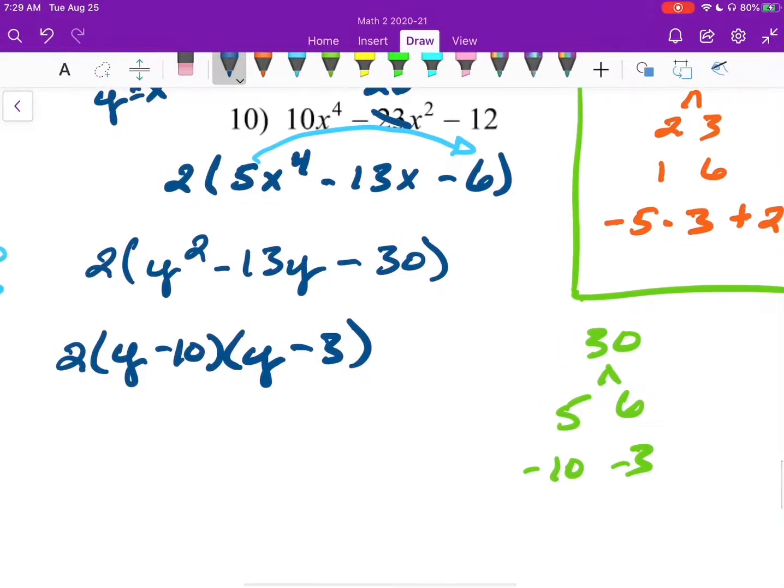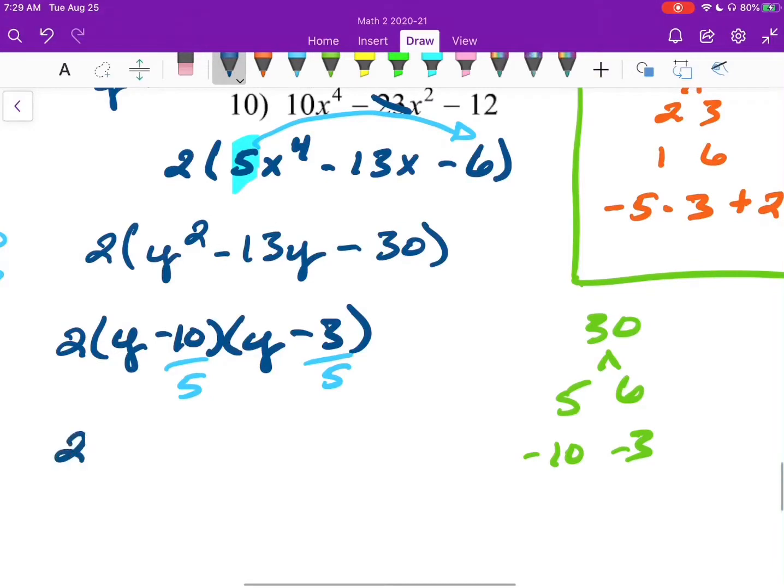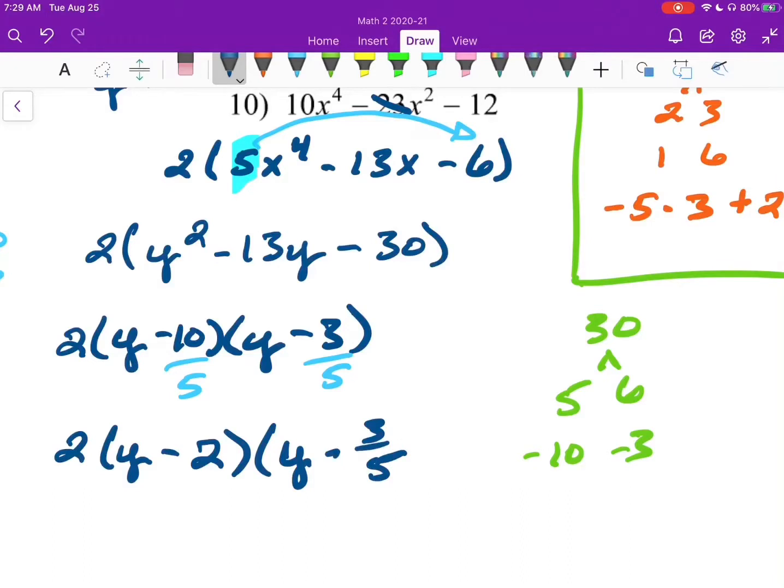Now I did the sliding up here of the 5. Now I need to divide the 5, so I'm going to divide both sides by 5. Ten divided by 5 is 2. 3 over 5 just stays 3 over 5, so I have y minus 3 over 5.